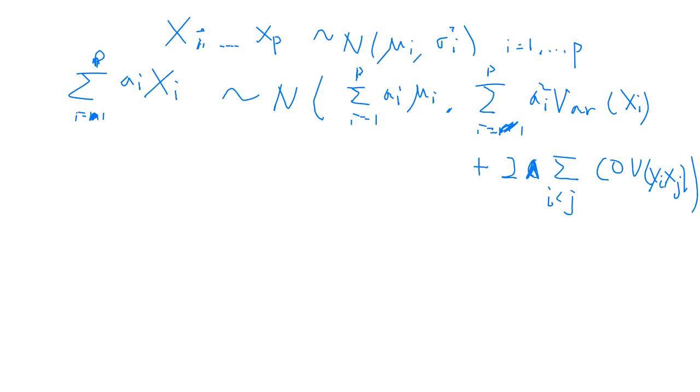Sorry, 2 times a_i a_j times the covariance of x_i and x_j. There should be a_i and a_j here.